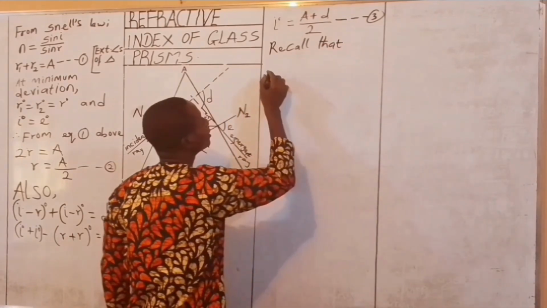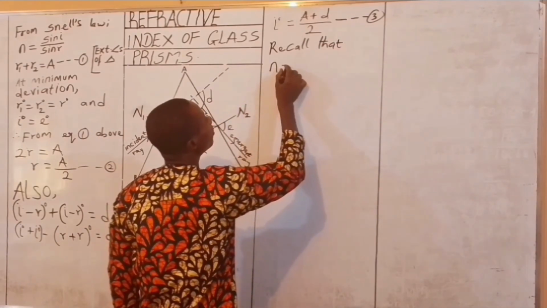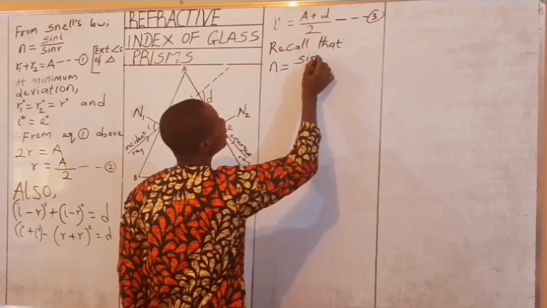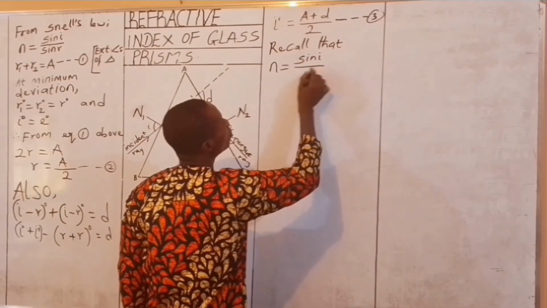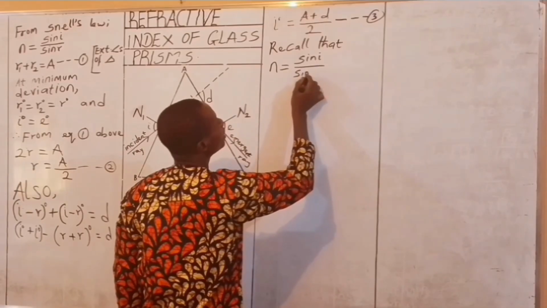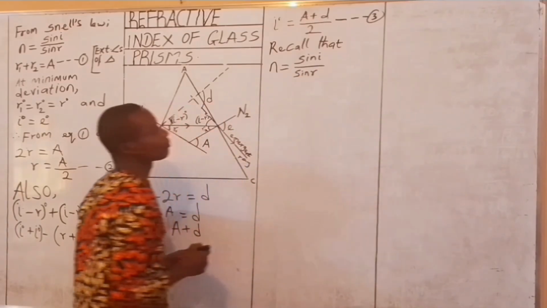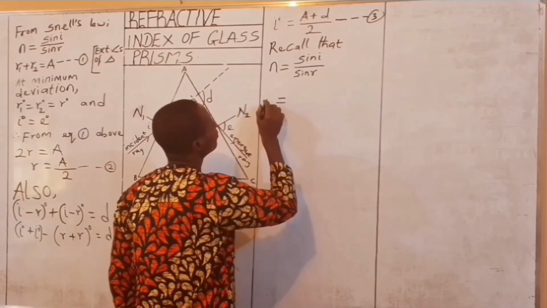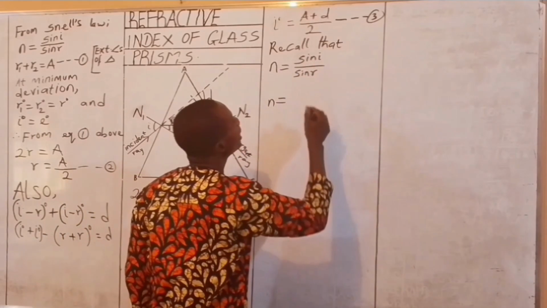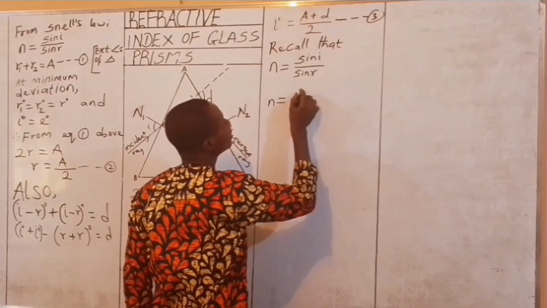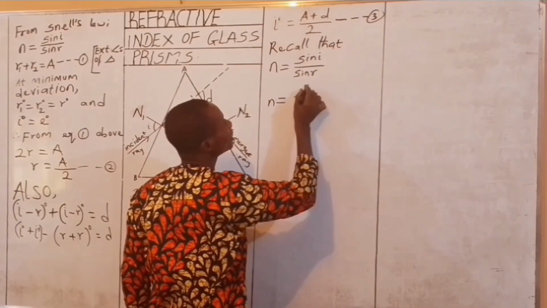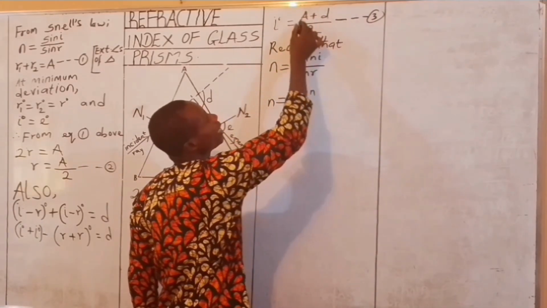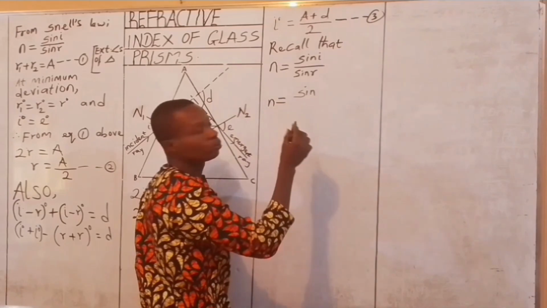We recall that n from Snell's law, n is equal to sine i over sine r. So substituting for each of the letters, i is given here. So instead of writing i, replace it with A plus D over 2.